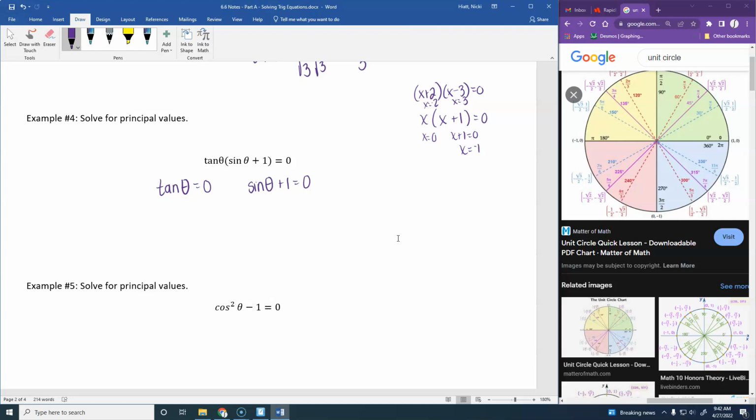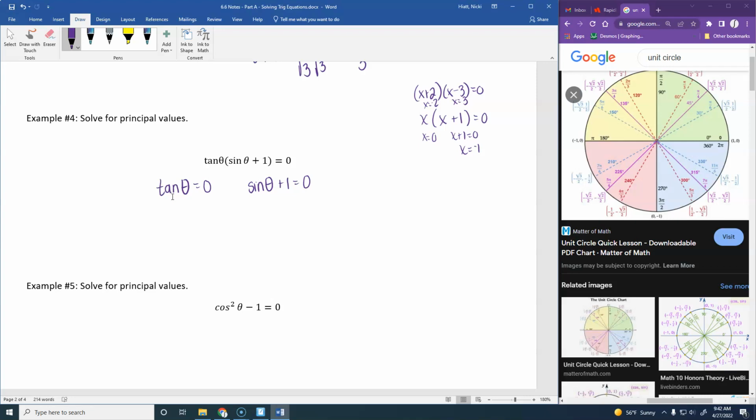All right, principal values. We got tangent and we've got sine here. So for tangent, we're looking from negative 90 to positive 90. Where is tangent going to be 0? Yeah, we need to have 0 over 1.